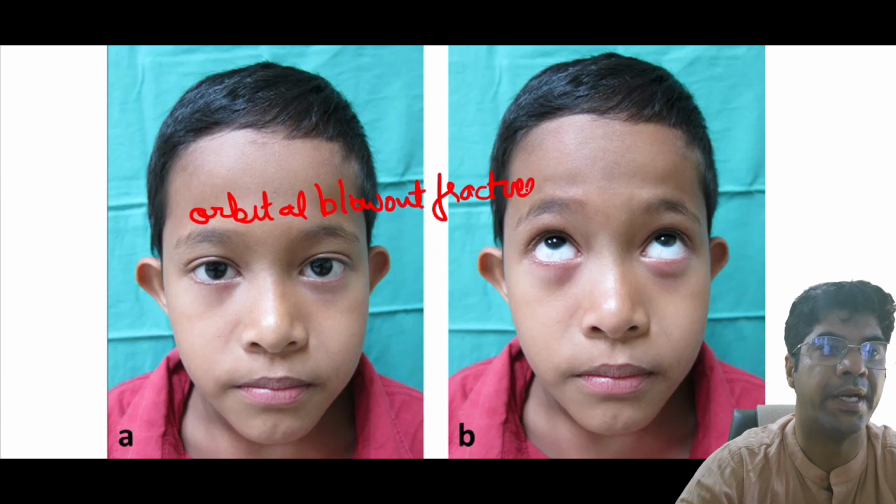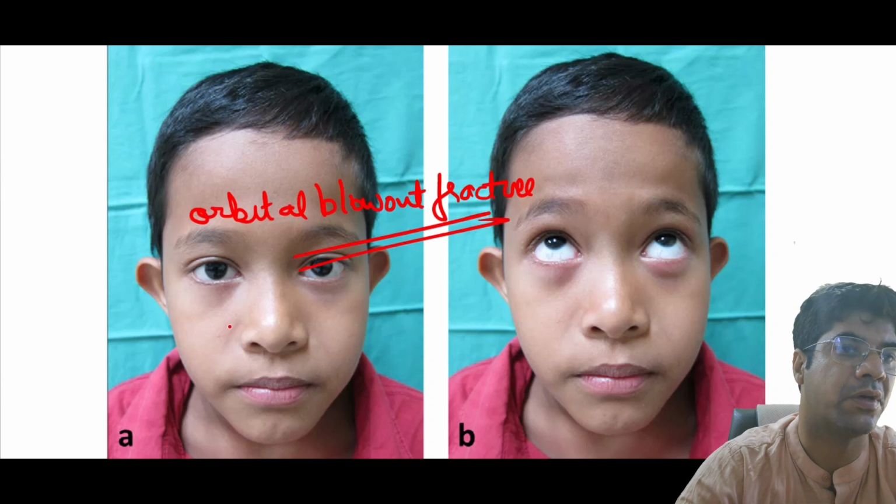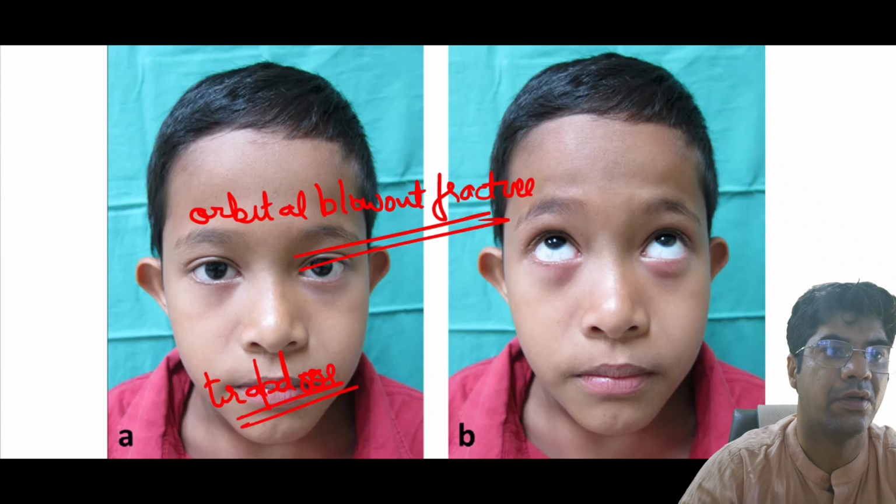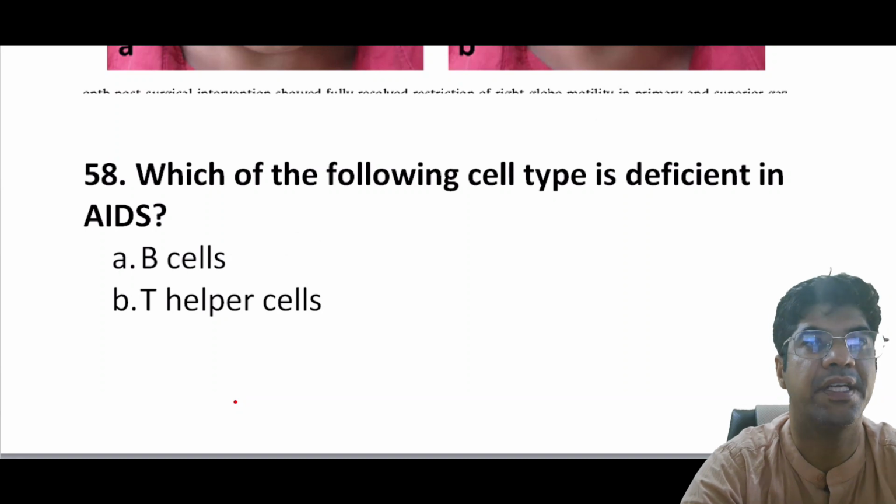So you will see bradycardia, herniation of the orbital content. They are indicative of this condition. So there is a trapdoor like fracture of the orbital floor leading to severe pain, and that could lead to symptoms like bradycardia.